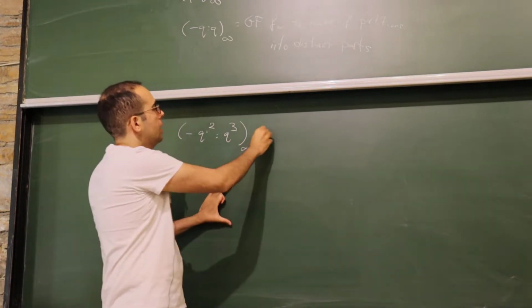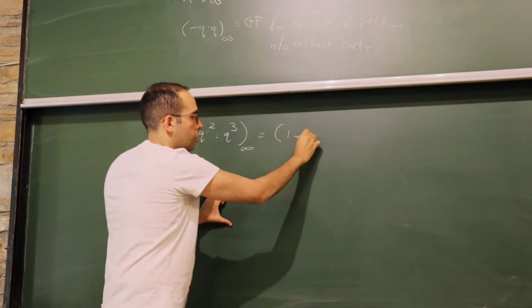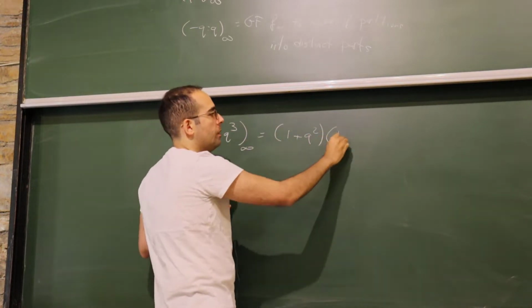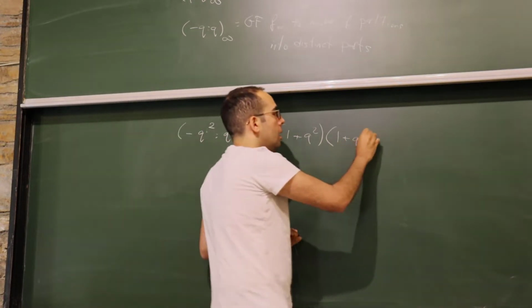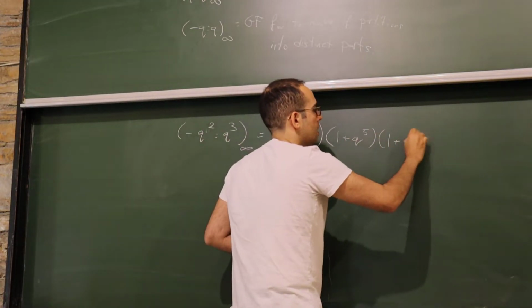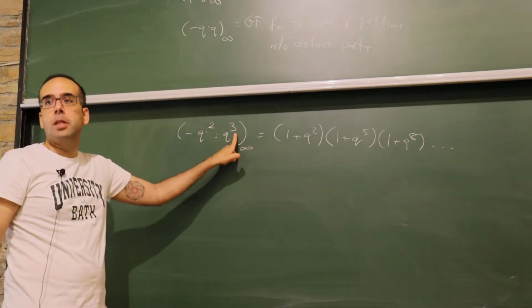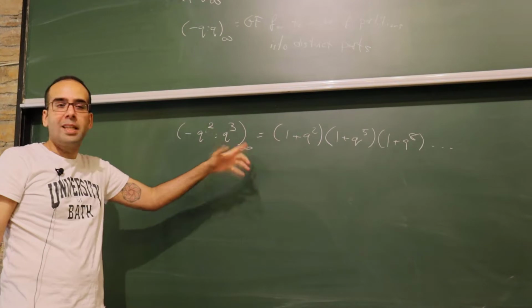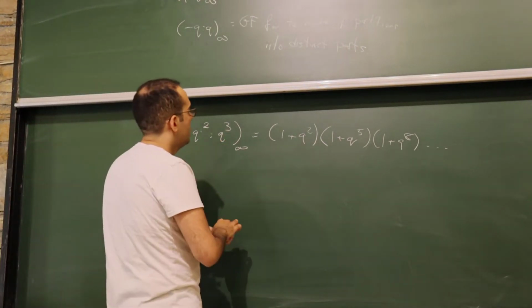If you were to look at the product, this would look like 1 plus q squared, then the next one would be 1 plus q^5, 1 plus q^8, and so on and so forth. So you will be dealing with 2 modulo 3 parts. So the character doesn't change, but the starting point and the modulus change.